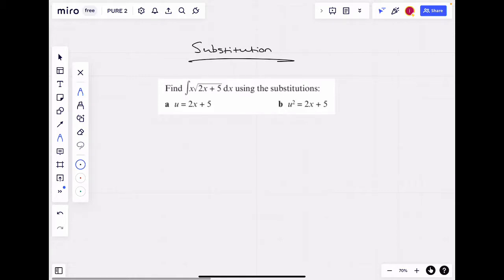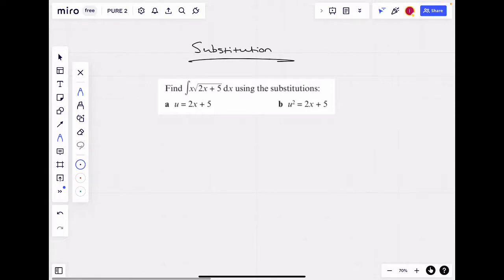In this question, they've given you u equals 2x plus 5, so they've told you the substitute. You're not always going to be told though. In some scenarios, they will expect you to figure out what the substitute should be.